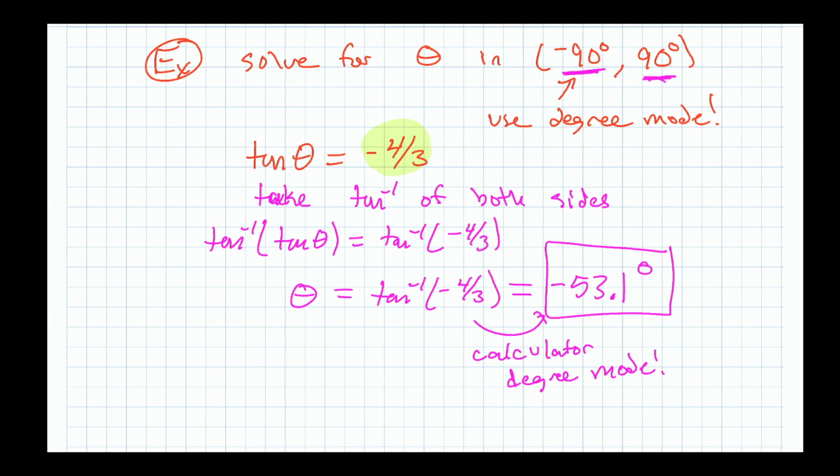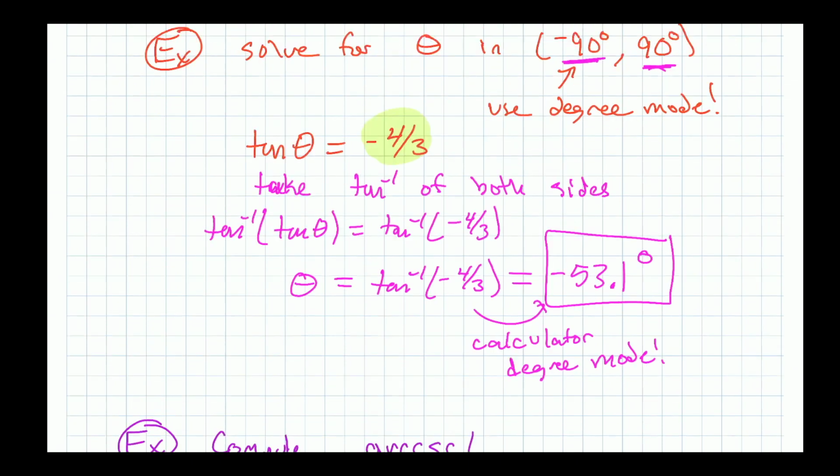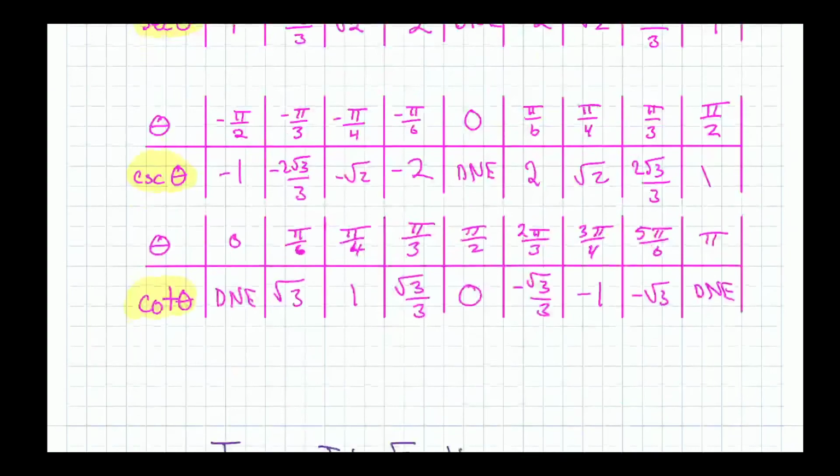So again, let's do one extra that we're going to use our table. Let me say compute arc cosecant. Oh, well, I can't, because I can't remember what the table was. I don't know what to put in. Let's look.